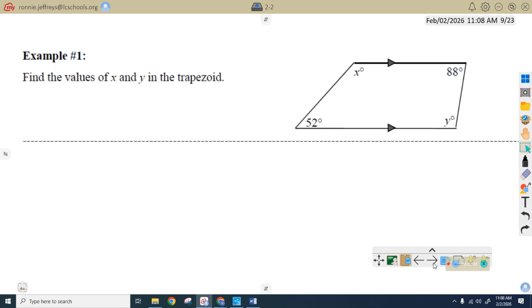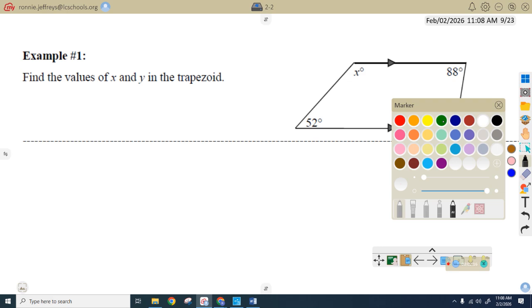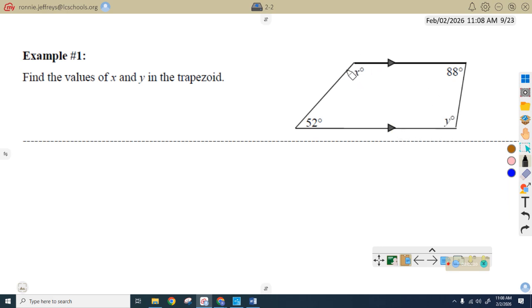So, moving on. Example 1, find x and y. First we need to know, what do we set these equal to? Yeah, 180. Let me try this again.